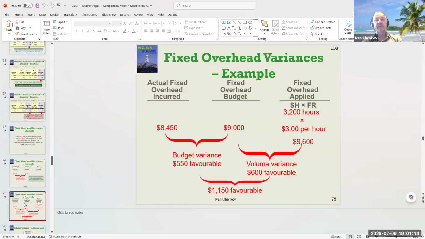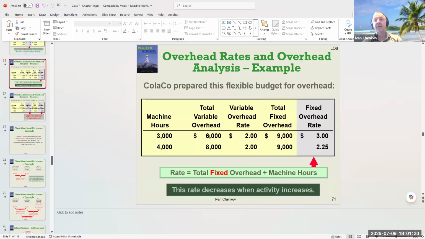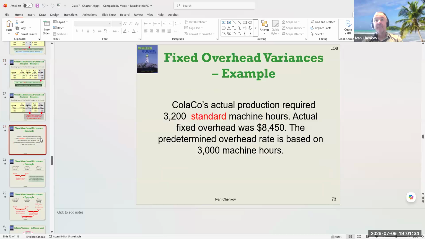Now let's see the next variance, which is the volume variance. Now we know from the formula that the $9,000 comes because we were supposed to use the 3,000 machine hours and the fixed overhead rate is $3. Based on our standards, however, we have available 3,200 standard machine hours.